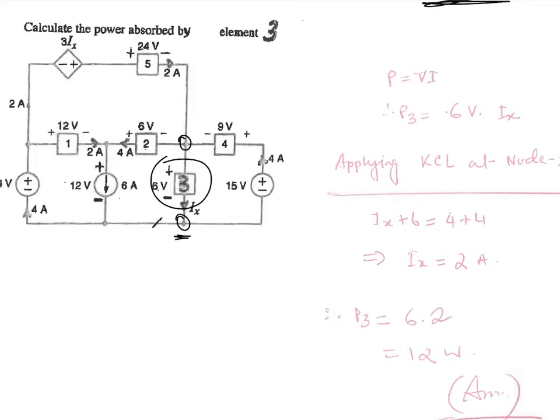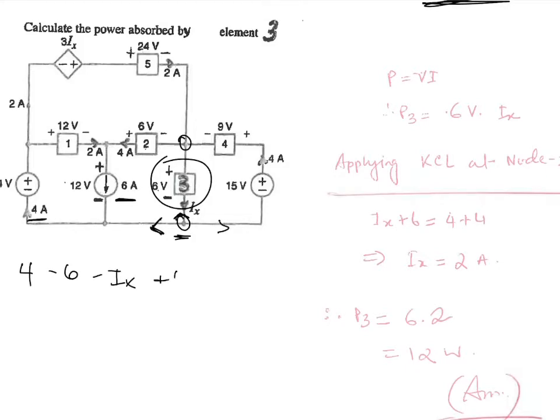So let's look, flowing through this branch, going away from it is 4. Coming into it is 6. And then flowing into it is Ix.